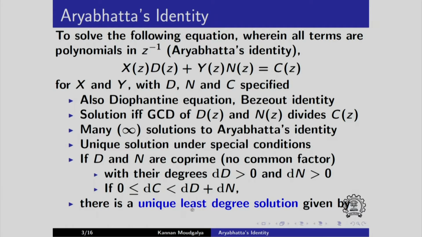There is a unique least degree solution given by degree of x less than degree of n, and degree of y less than degree of d.